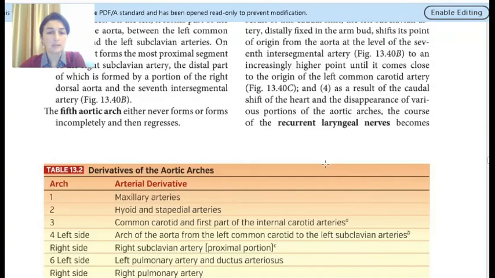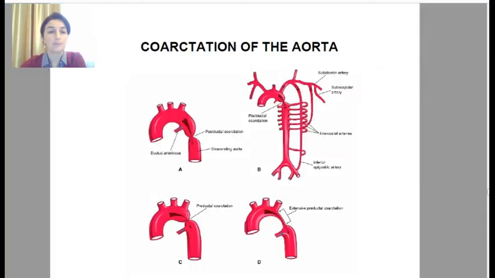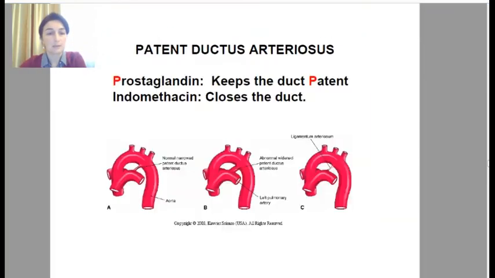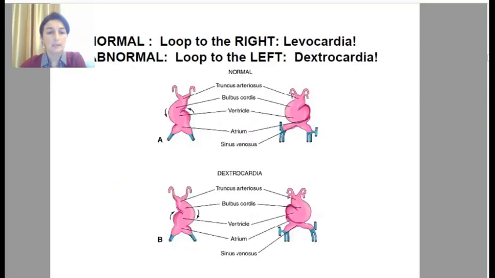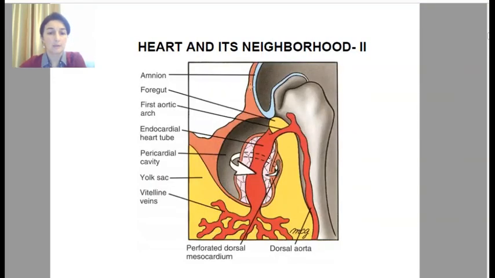They develop in the wall of the heart, from the epicardium, from the epicardial ridge actually. In the wall of the heart, initially we have the dorsal mesocardium, that is the bridge that connects the heart tube with the pericardial cavity.